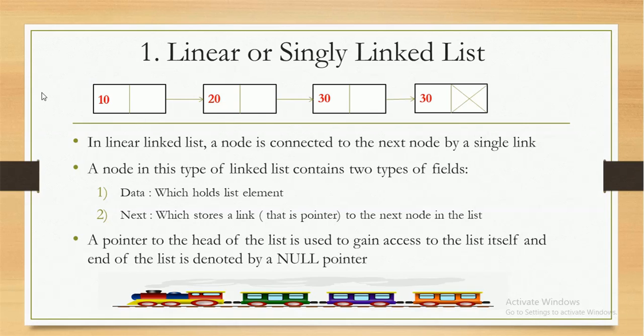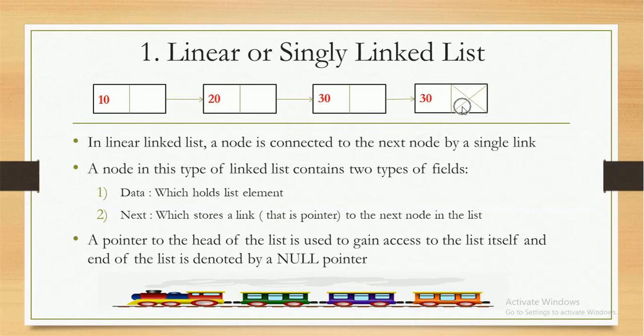Singly linked list has a basic structure, that is one node is connected to the next node, means the first node has a pointer and the pointer contains the address of the next node. Then the second node contains the address of the third node in its next field. The third node contains the address of the fourth node, and the fourth node is the last node, so it is represented by a null value.